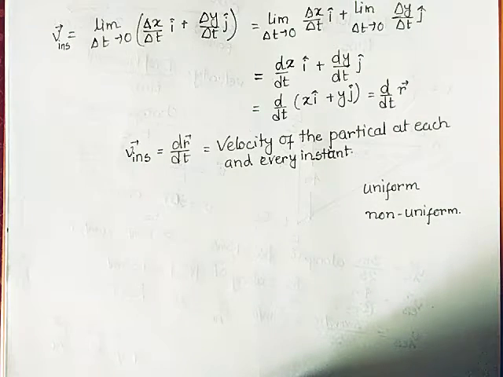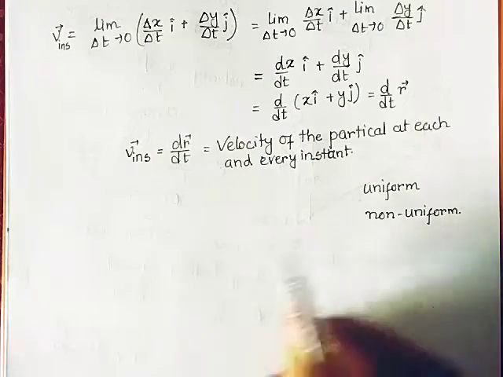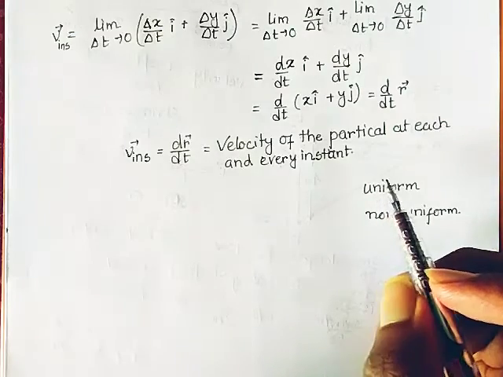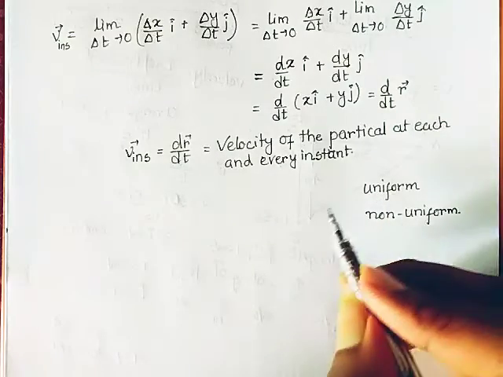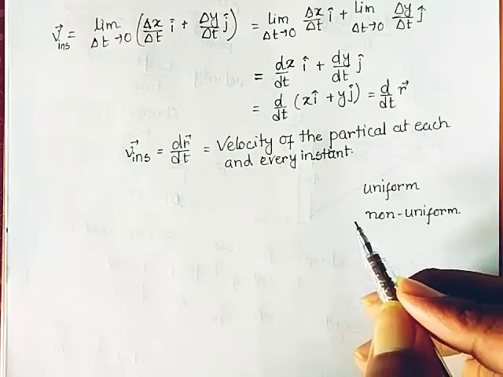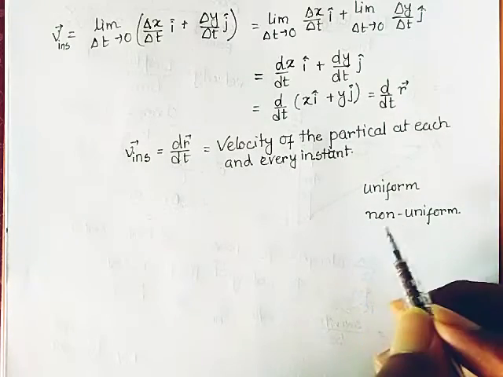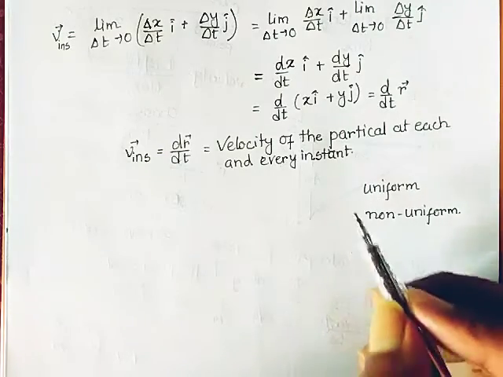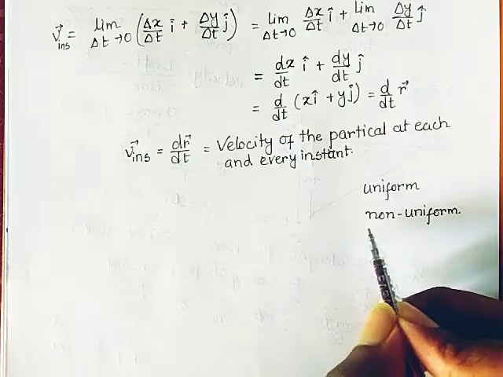If the particle moves at a uniform rate, meaning it covers equal distances, or equal displacement, in equal intervals of time, then we can say the particle is in uniform motion. But if it violates this principle, then we can say it is non-uniform motion.